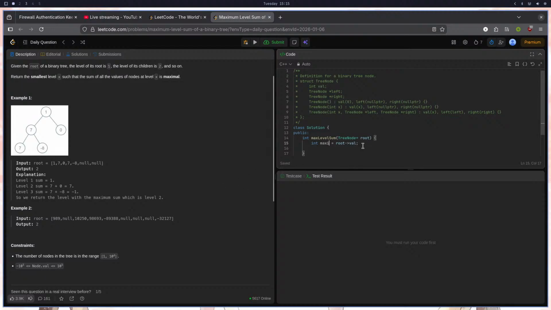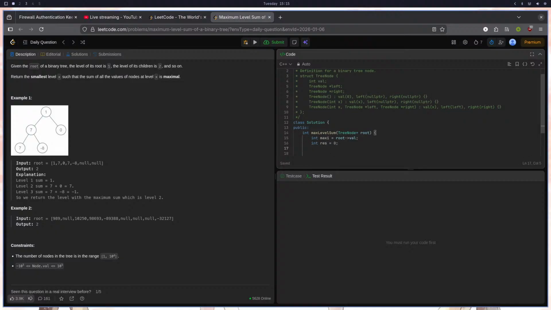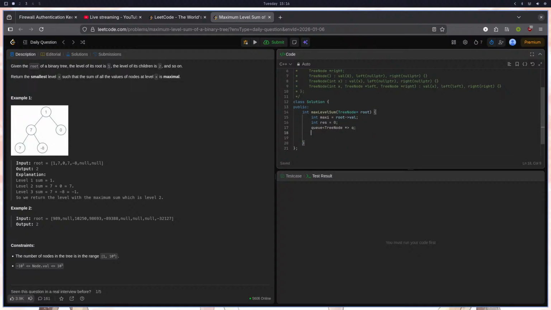Ten to the power 4, 10 to the power 5, 90 here. res equal to 0 anyway. I just don't want to do this.